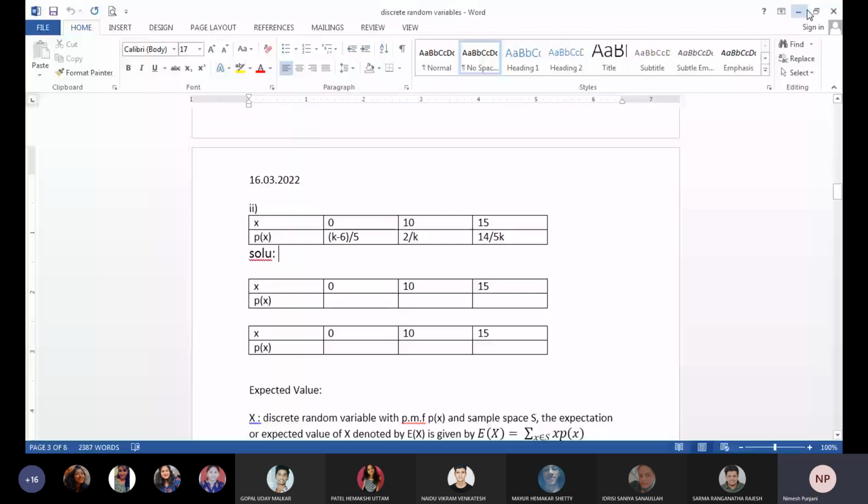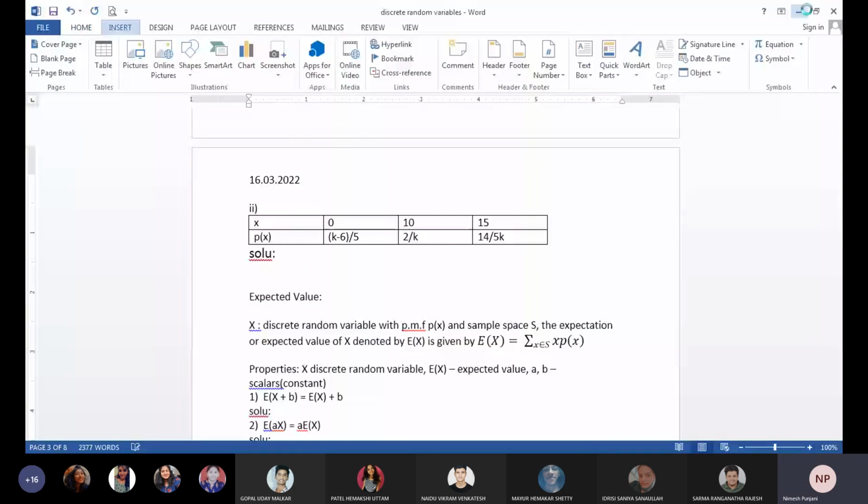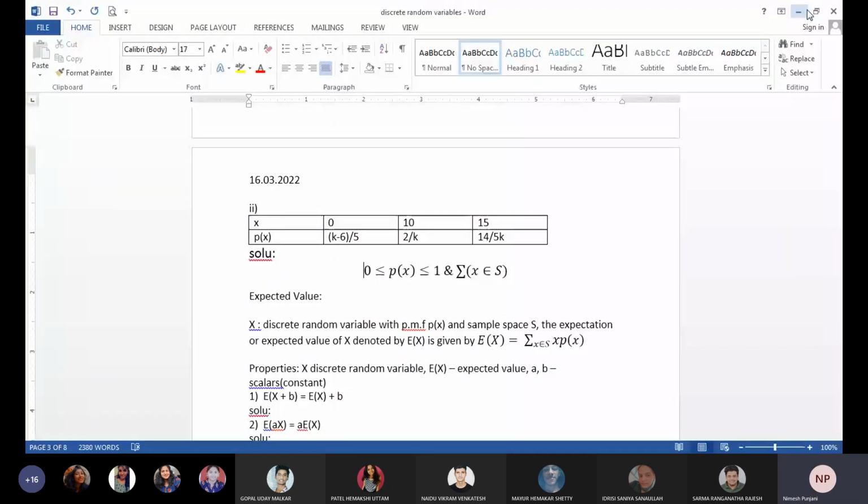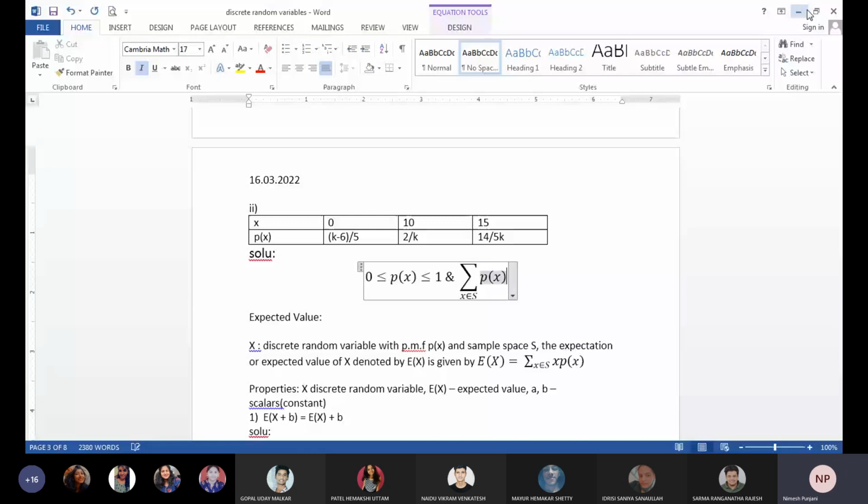I think this table I will have to delete. So 0 less than or equal to P of x less than or equal to 1, and summation of P of x when x belongs to the sample space is equal to 1.